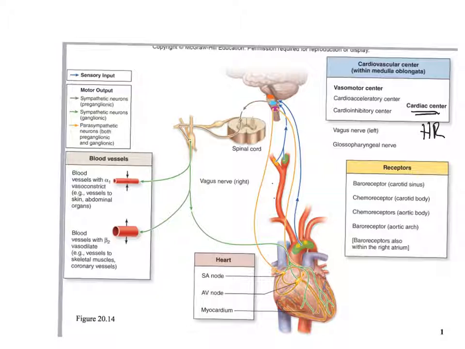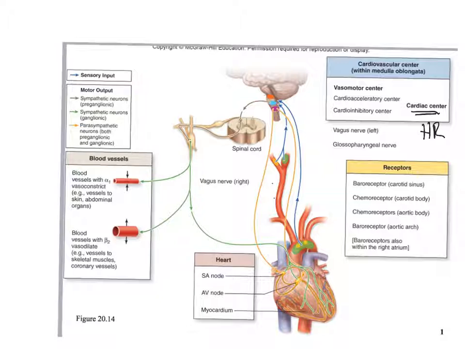So we can speed it up and produce more, increasing blood pressure, but we also have to have a way to slow things back down. In your car, you have an accelerator and a brake. Think about the heart as being the motor. You can make the motor go faster, and you can make the motor slow down. So, cardio-acceleratory center, cardio-inhibitory center. We can speed it up and slow it down.